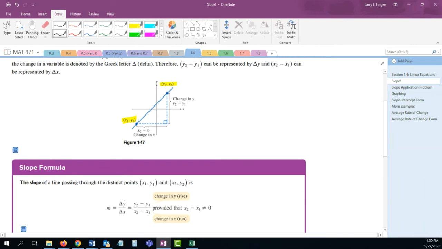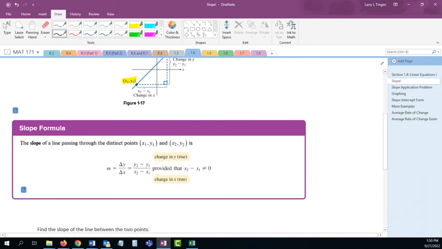For notation's sake, you'll see this triangle. This is the Greek letter delta. And delta typically refers to change in. Okay? So we're saying the slope is equal to the change in y over the change in x.